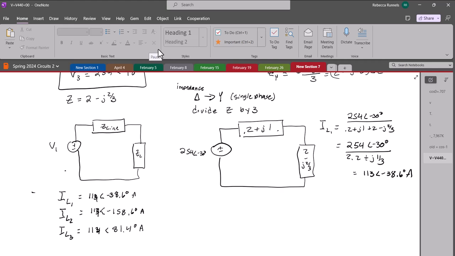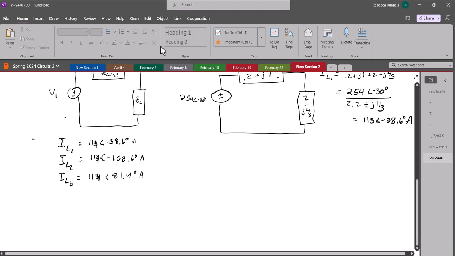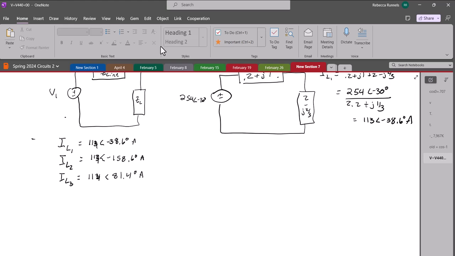Now, for a Y configuration, which is what our single phase equivalency is like, you have A and neutral, so you would have the voltage between A and neutral, and we know that the current in a Y configuration is the same as the line current.